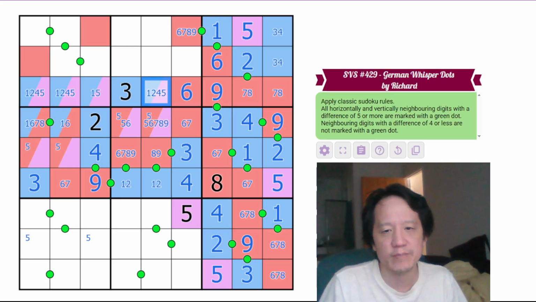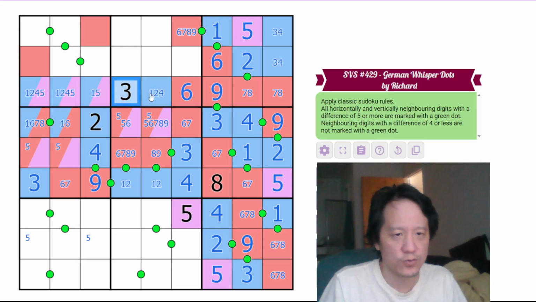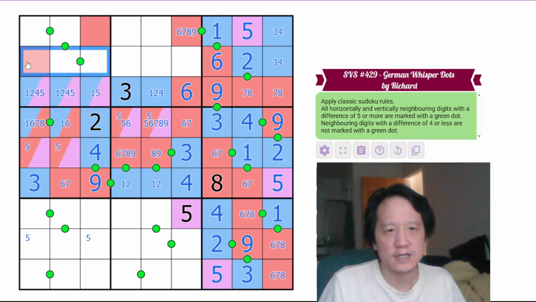This cannot be mid. It's 1, 2, or 4. 5 has to be one of these. These are both high. 6 cannot be here.